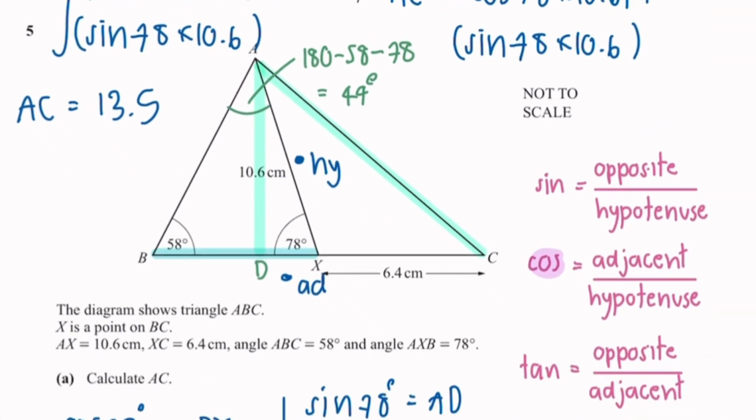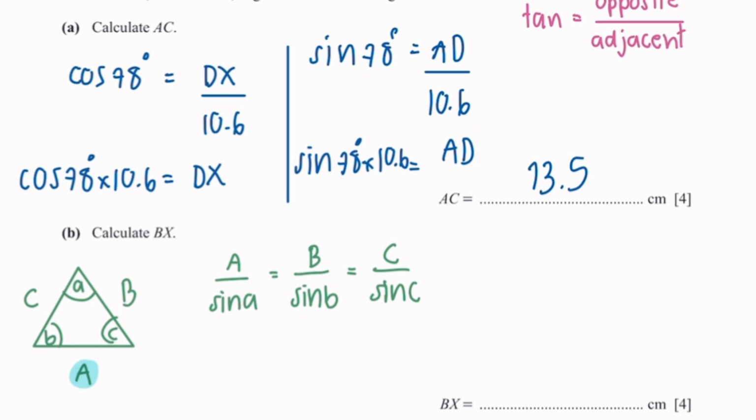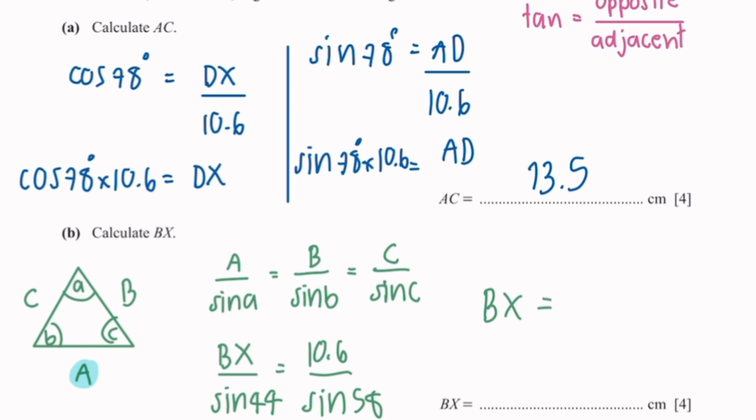Therefore, we want to know BX, which is this side of this triangle. And this is our BX. A is our BX. Therefore, sin A is sin 44. Equal, I will use B in this case. B is equal to 10.6 over sin 58. Therefore, BX is equal to 8.68.